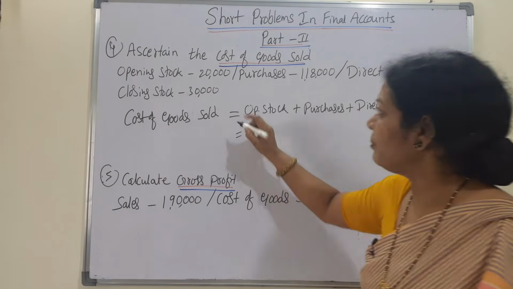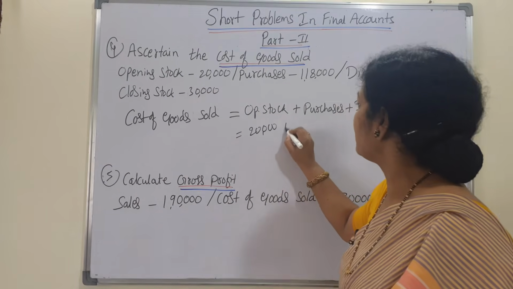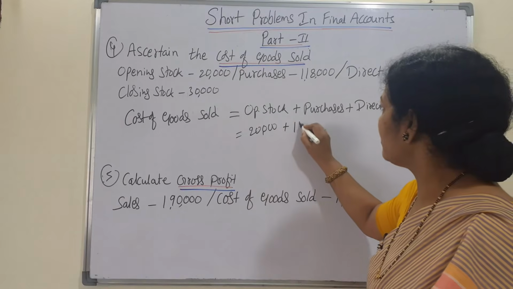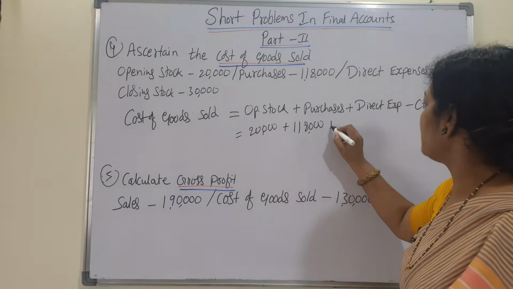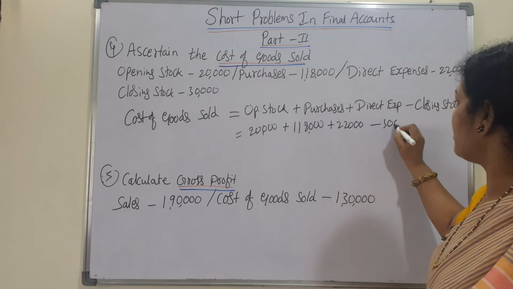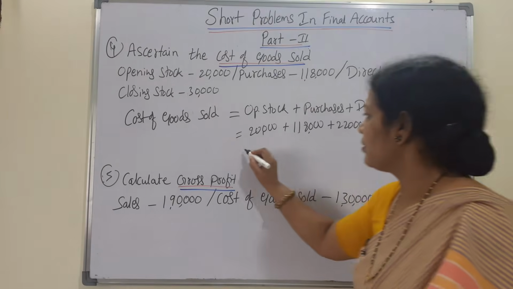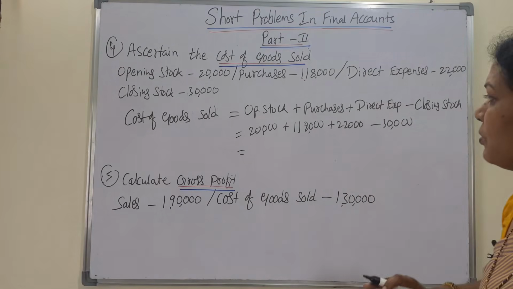Now if we implement it in the problem, 20,000 plus purchases 1,18,000 plus 22,000 minus 30,000. Whatever answer we get will be the cost of goods sold.